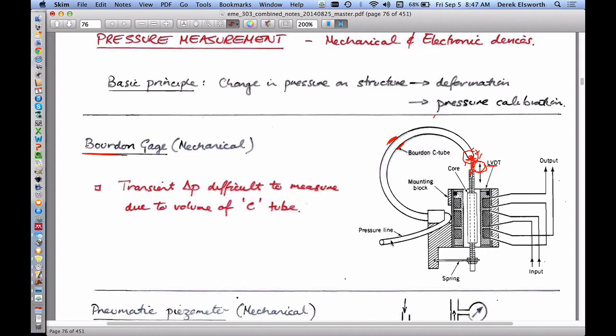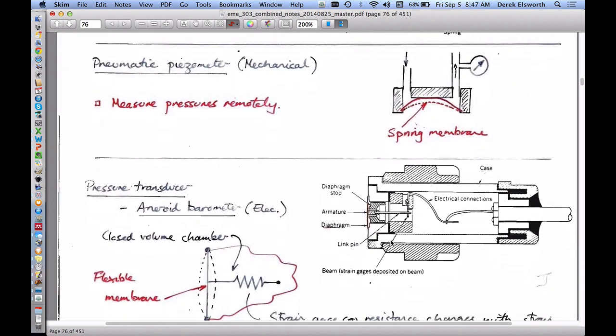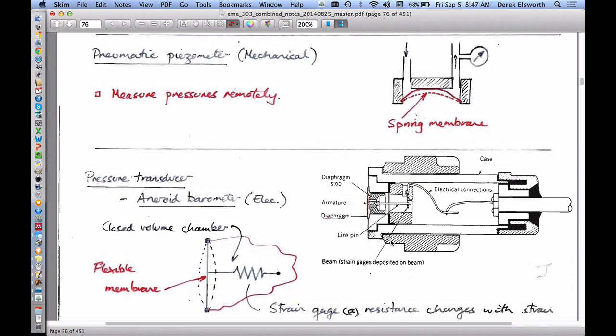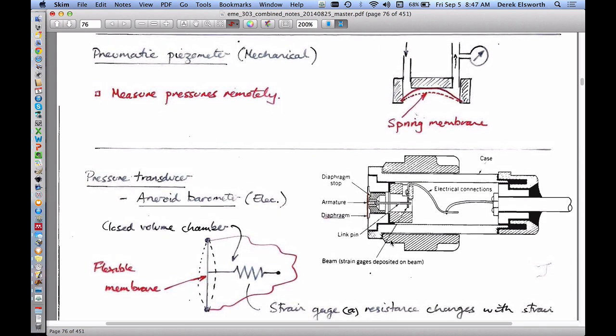Simple as that. But by and large, the most usual way of measuring it is by using a pressure transducer. And typical pressure transducers are very simply a diaphragm which has a pressure applied against it. As you apply a pressure against the diaphragm, that diaphragm bends, and you measure the deflection of that diaphragm with some instrument.